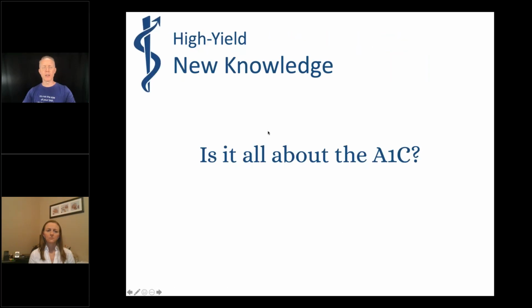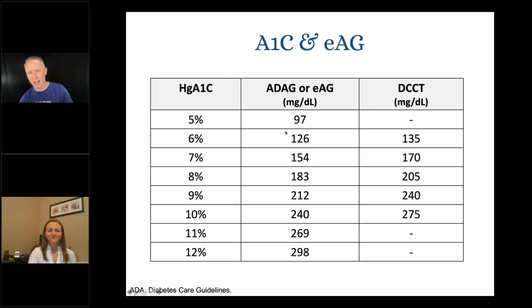All right, so is it all about the A1C? This is one of these concepts that I also wanted to see if Dr. Boland would comment on. There's a new parameter you'll see in the guidelines called EAG, estimated average glucose. It came from a big multi-center international trial that looked at labs and assays to see what the reported A1C basically correlates to.